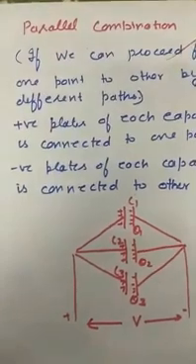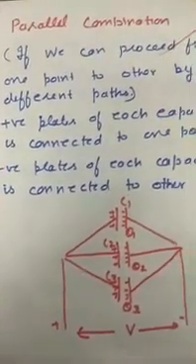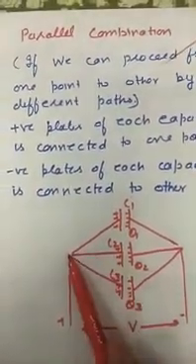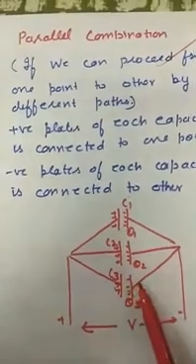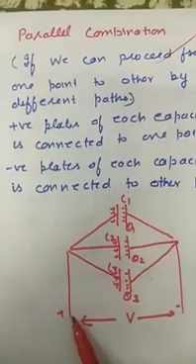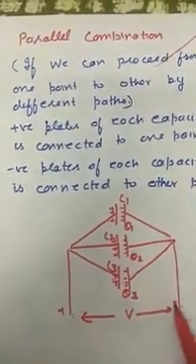Now the second combination, that is parallel combination. If we connect the capacitors in such a way that the positive plate of each capacitor is connected to one point and the negative plate of each capacitor is connected to the other point, and these two points are connected to the positive and negative terminals of the battery.